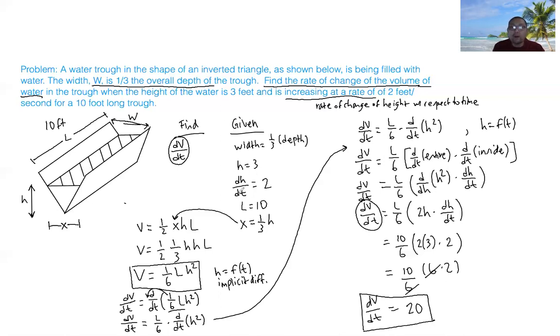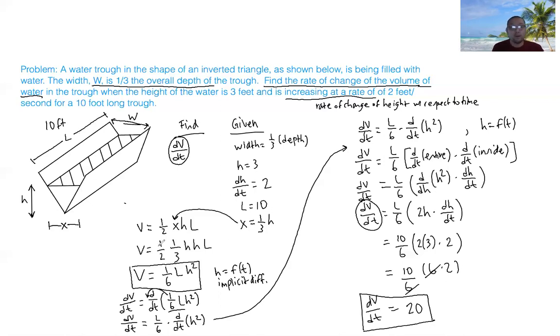Change in height over time was equal to 2 feet per second. We didn't put the units because we just want to keep it clean, right?